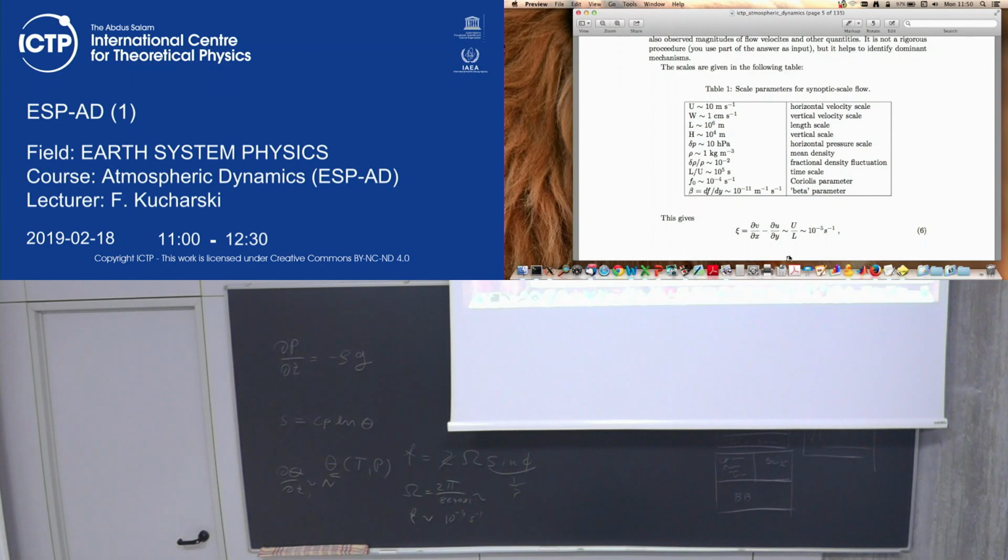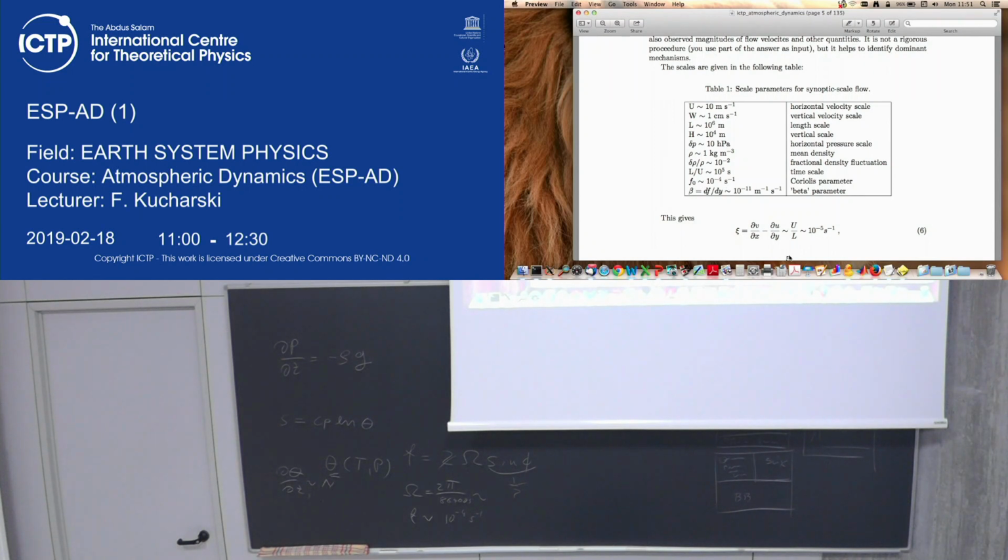And we have what we call the beta parameter, which is the derivative of the Coriolis parameter with respect to the meridional direction. With similar arguments, if you do this derivative, of course, here comes the cosine, and you have to divide this by the radius of the Earth. It turns out that the scale of that would be 10 to the minus 11 in the mid-latitude regions.